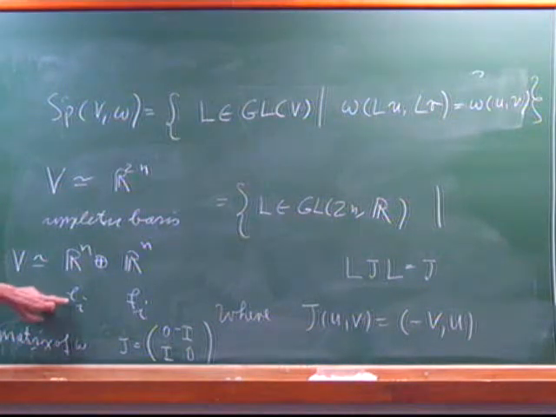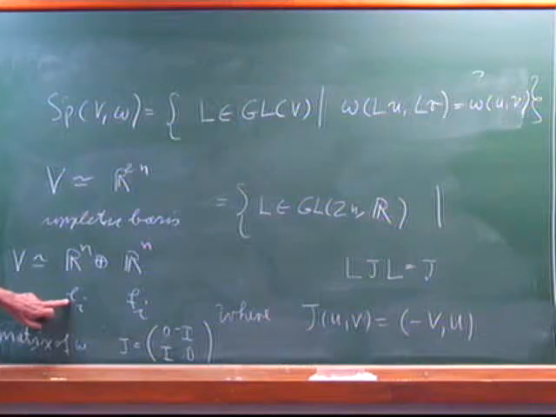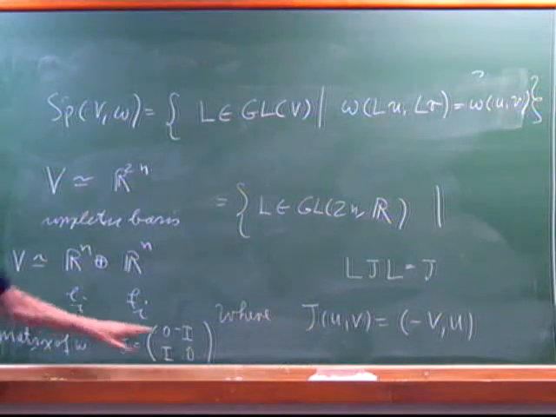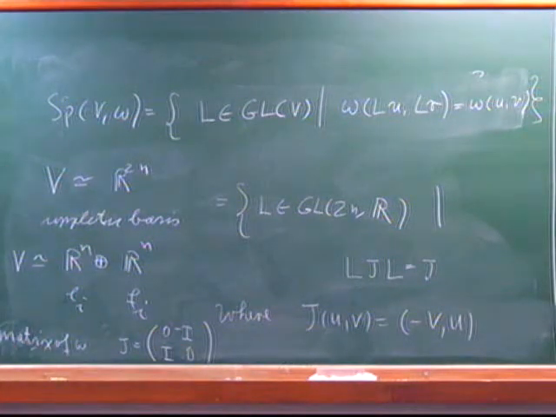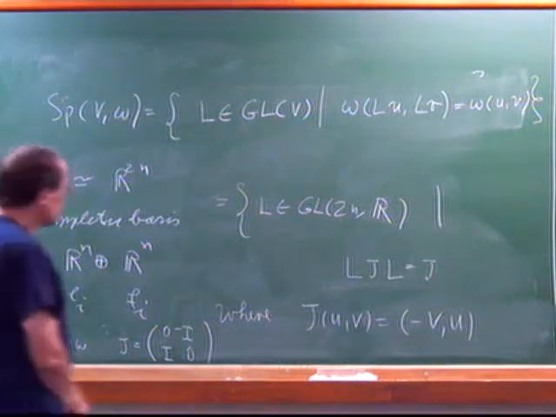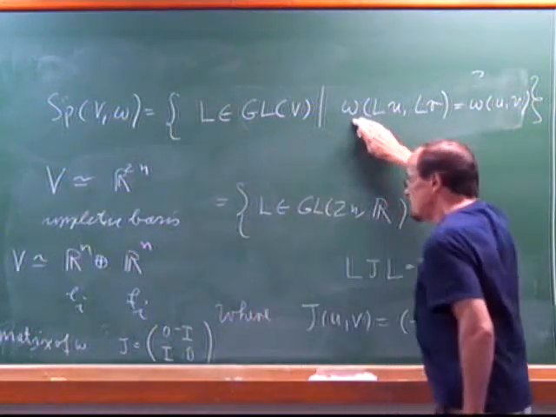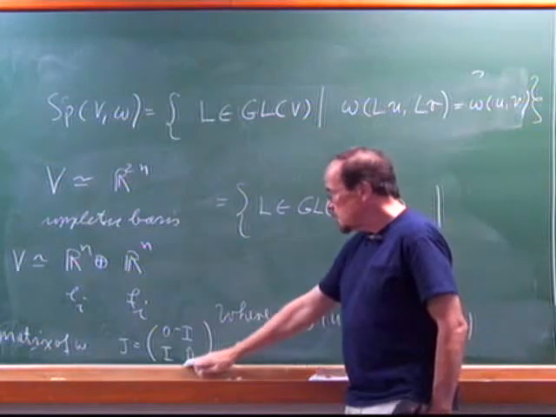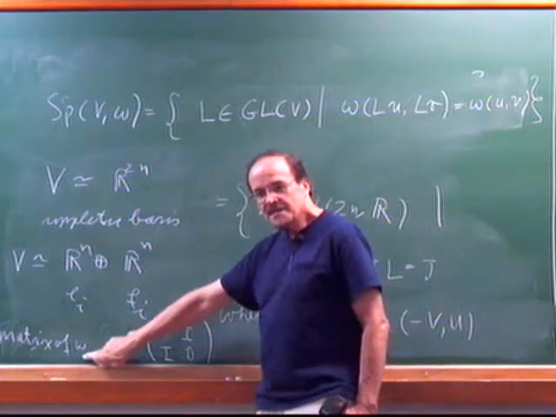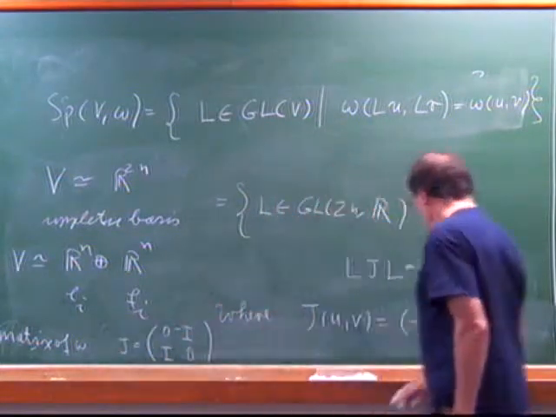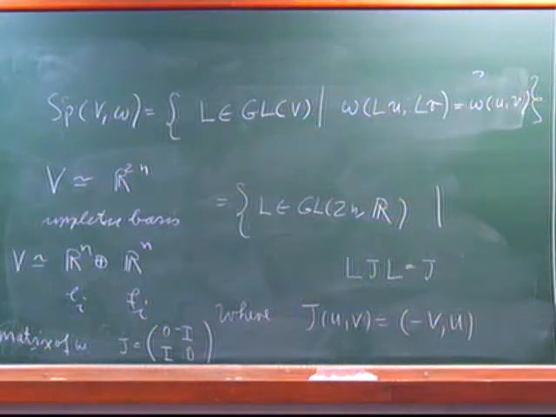So (e_i, e_i) is 0, (e_i, f_i) is 1, (f_i, e_i) is minus 1, and (f_i, f_i) is 0. So matrices that respect the symplectic form must be matrices that commute with the matrix that represents the symplectic form. So they look like this.